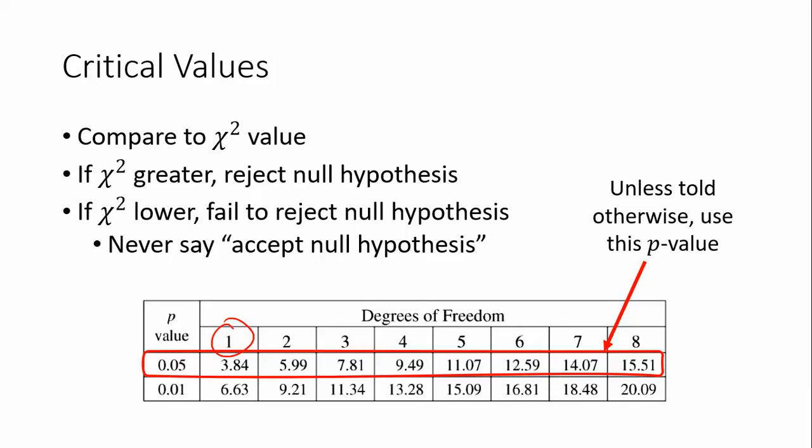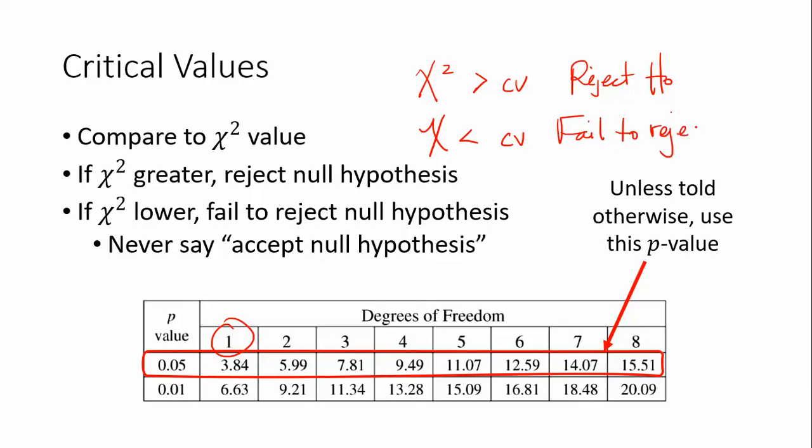What that means is that our critical value for a p of 0.05 is going to be 3.84. So if your chi-squared is greater than your critical value, then you're going to reject your null hypothesis. If your chi-squared value is less than your critical value, you fail to reject.